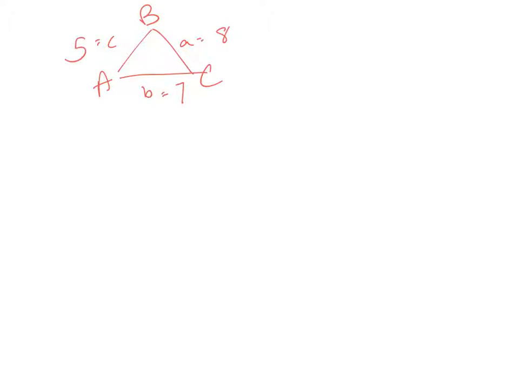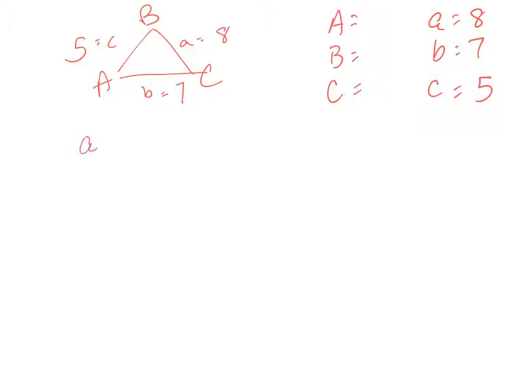You need to decide which angle you want to find first. I just find A first because A comes before B and C, but it doesn't matter what you use. Little a is 8, little b is 7, little c is 5. Got it? So let's use the one for the A.